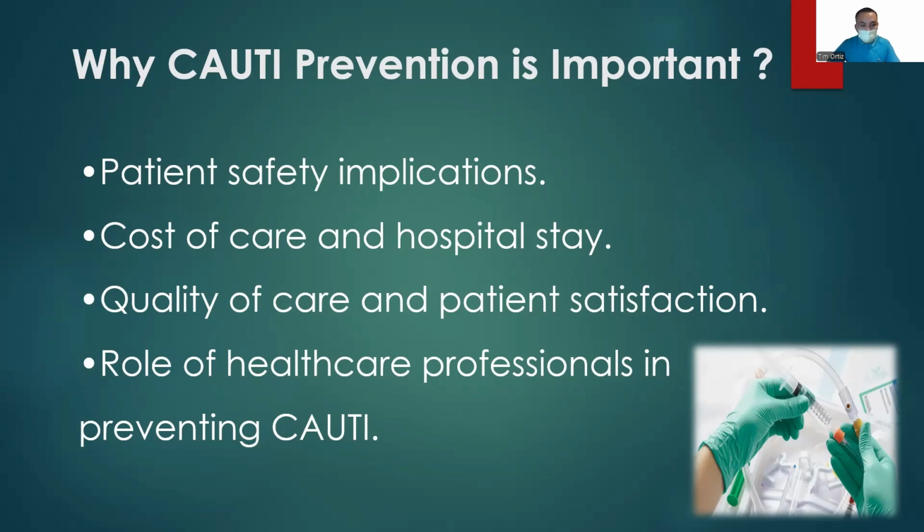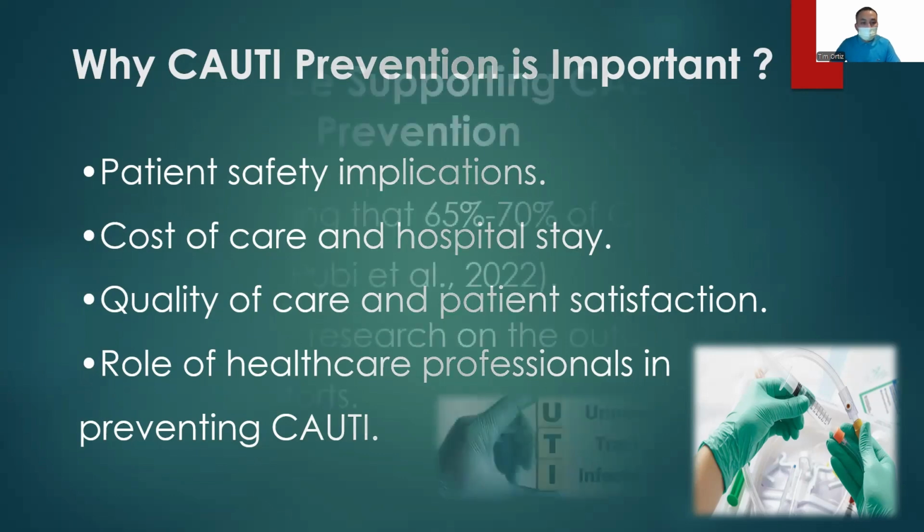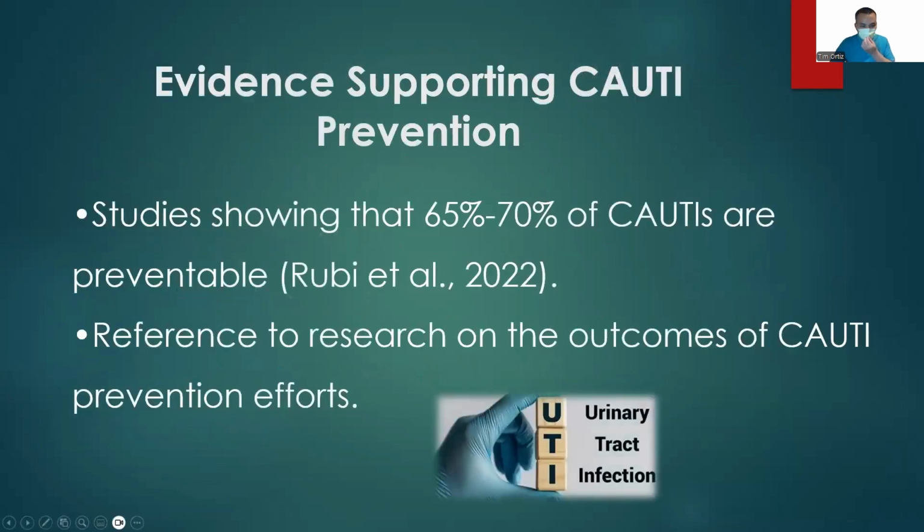Some compelling evidence supporting the prevention of catheter-associated urinary tract infections, or CAUTIs. Studies indicate that an impressive 65 to 70% of CAUTIs are preventable.